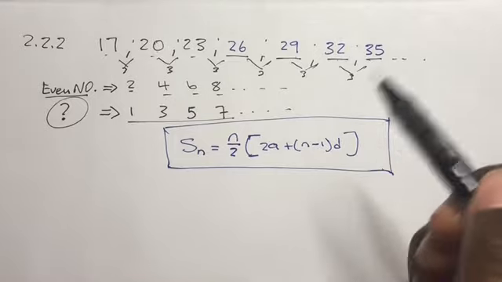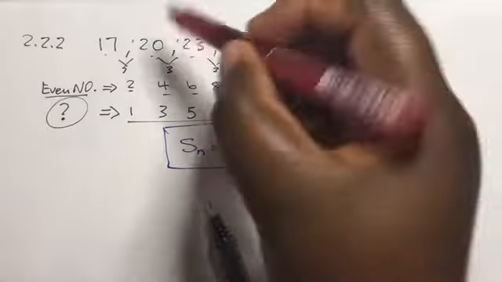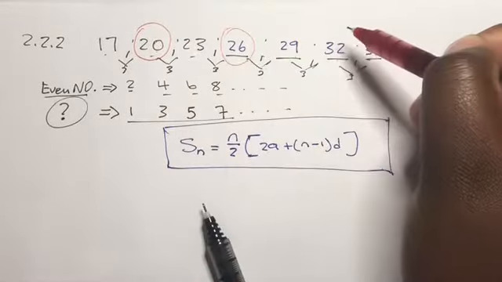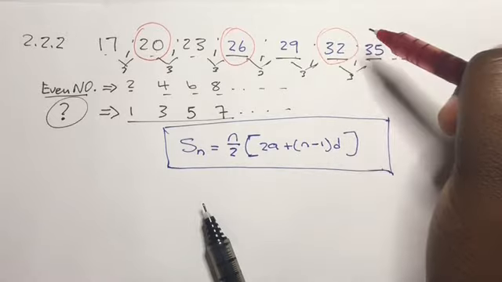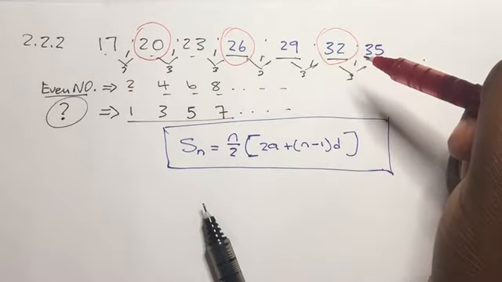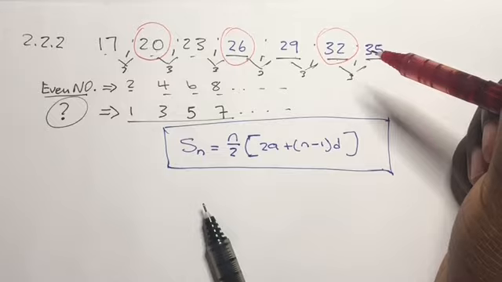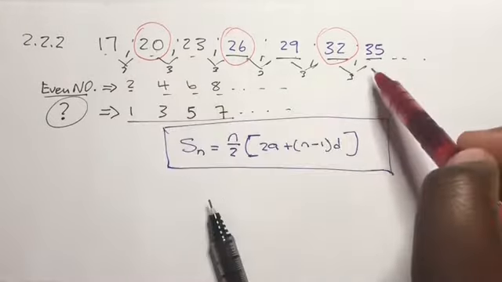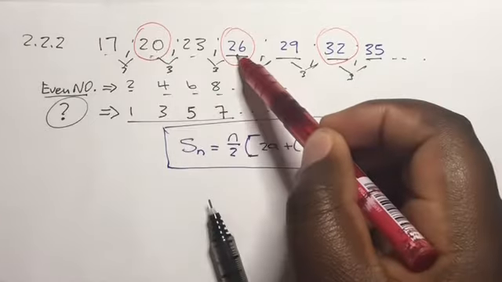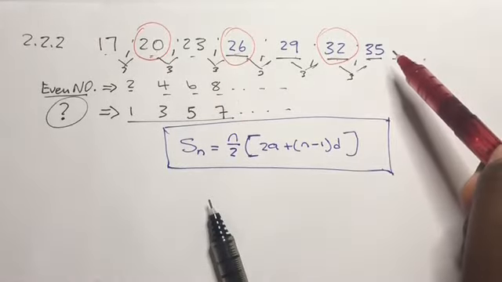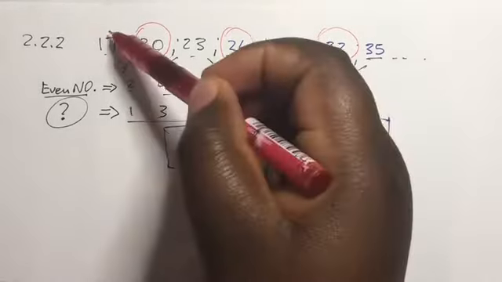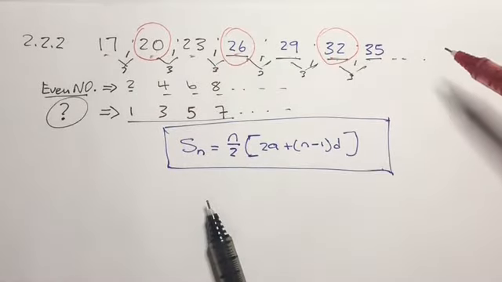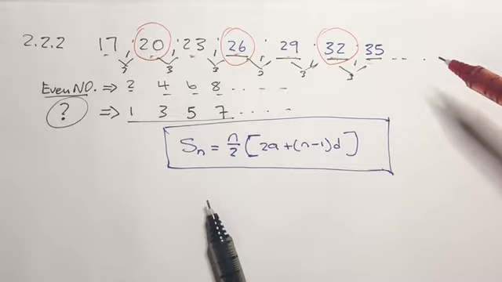So obviously that would mean 20, 26, 32, these are our even numbers. So that means from the whole of this sequence, we only focus on 20, 26, and 32. So this is part of your homework, to find out what we refer to these numbers.